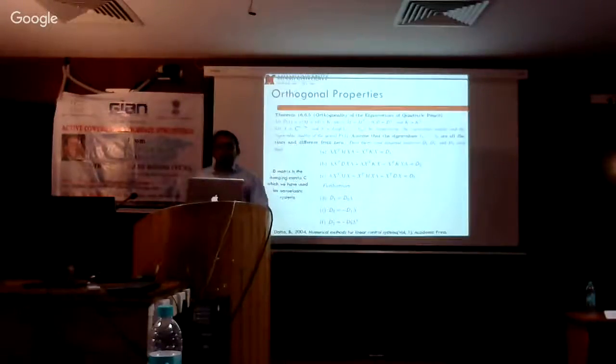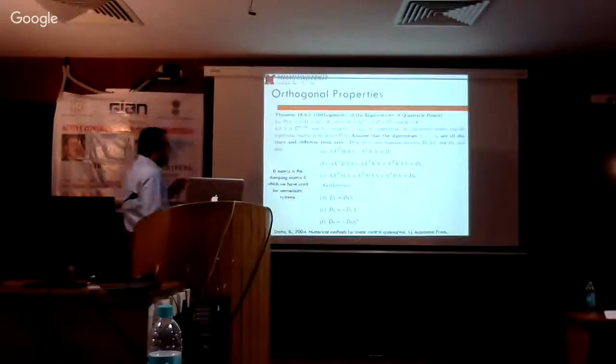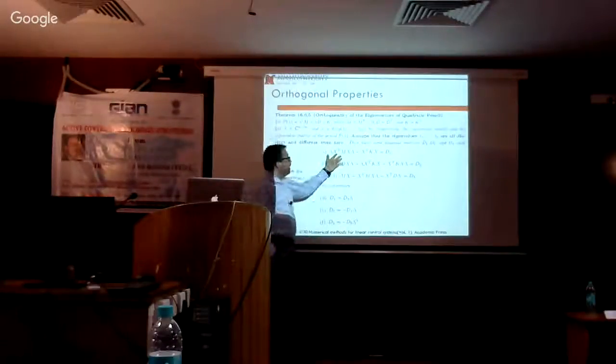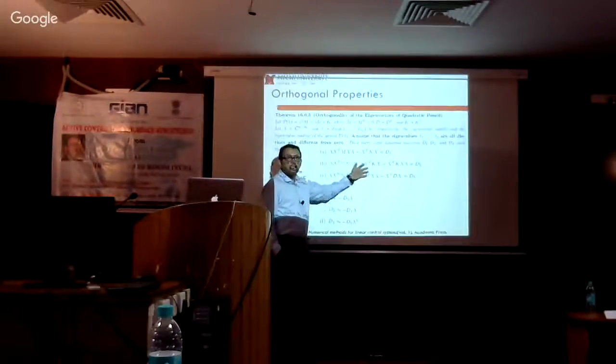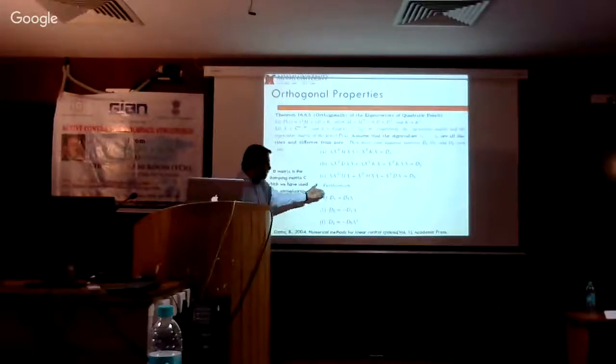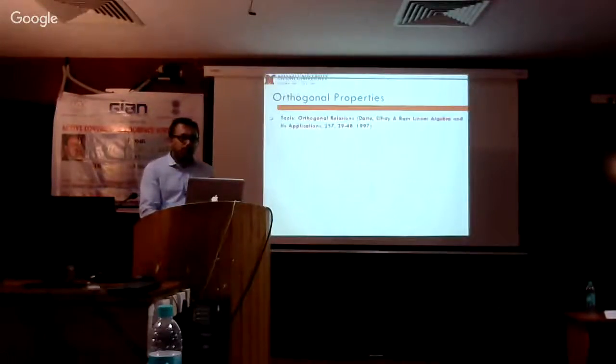I just took it from his book. So he has proposed three orthogonality conditions of a quadratic eigenvalue problem. All three state that this form of decomposition will lead to diagonal matrices, and these diagonal matrices are related to each other.